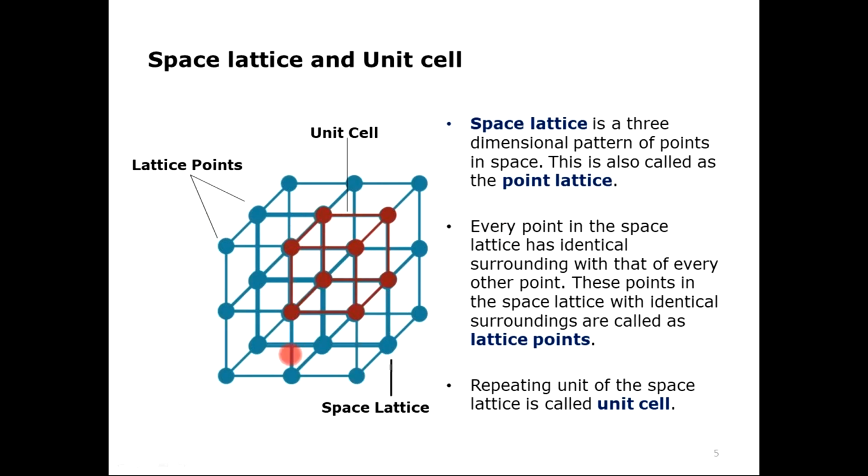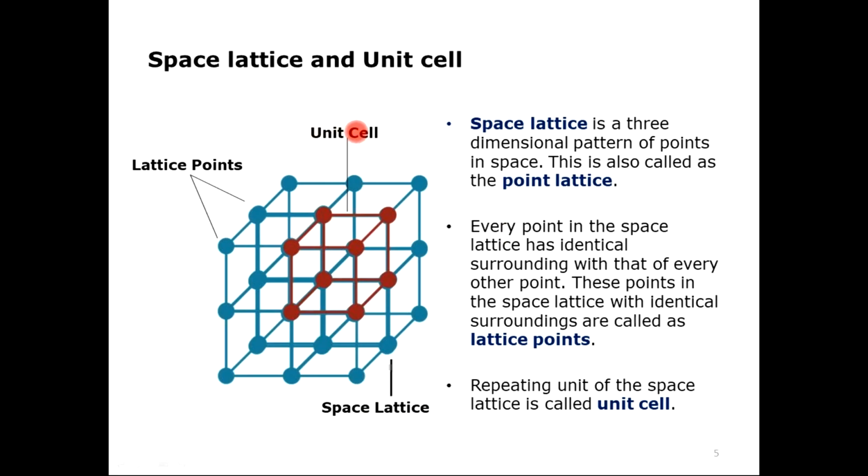Now, with this arrangement, we have to understand one extra word, that is unit cell. If you observe this colored portion, maybe blue or red, 1, 2, 3, 4, 1, 2, 3, 4, it forms a cubic structure. One square cube we have. These 8 atoms will form a unit cell.